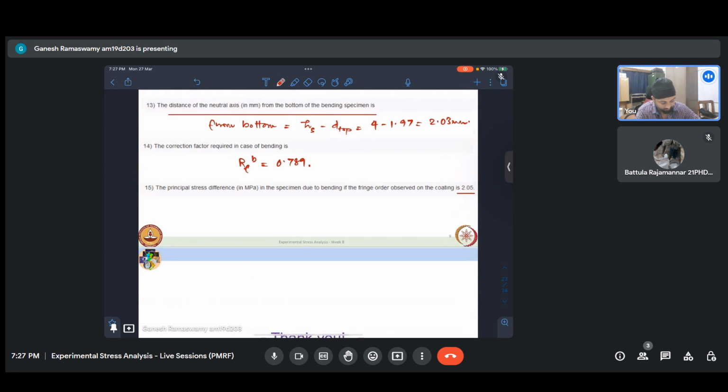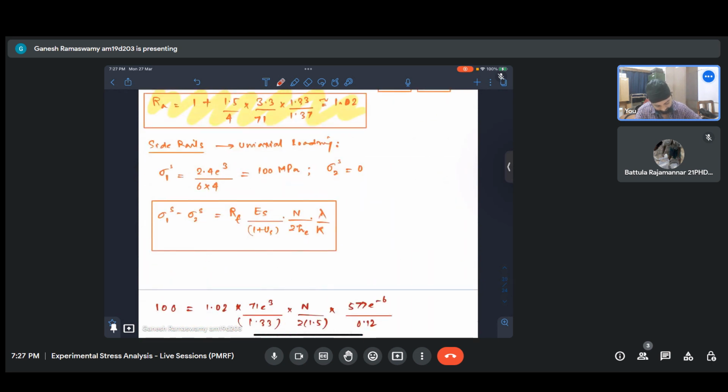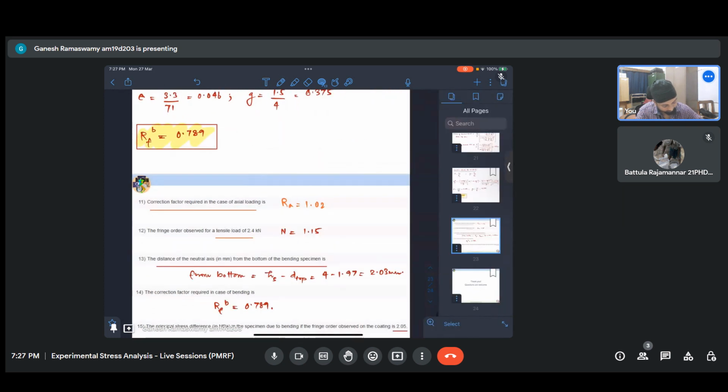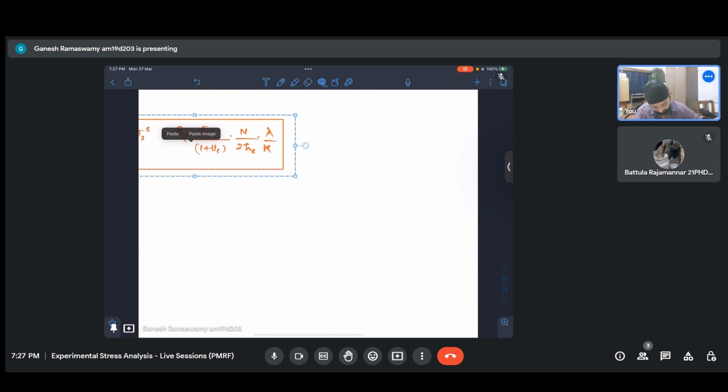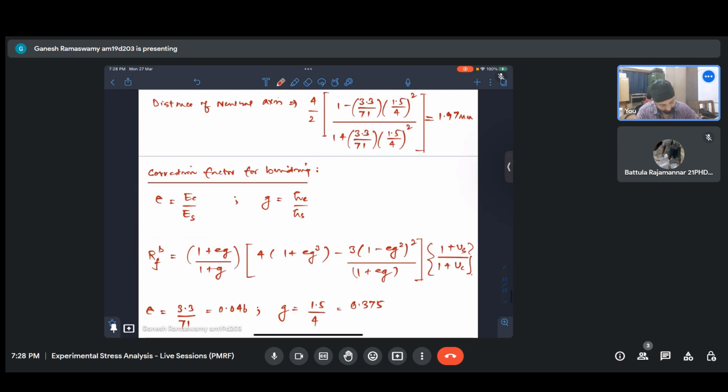So, okay. So essentially we know that this thing holds. Maximum fringe order is what is given, or the principal stress difference is asked. One minute. Let me go back to the question. The principal stress difference in MPa is asked.